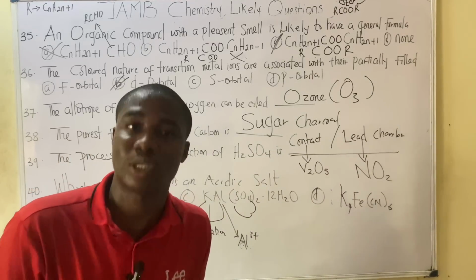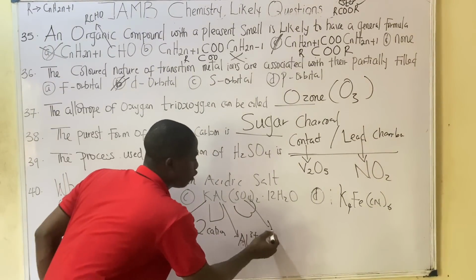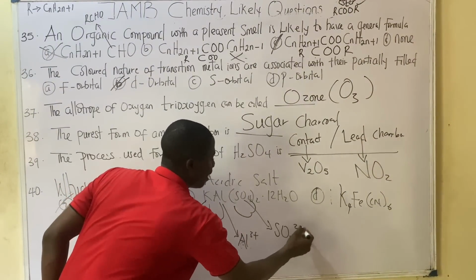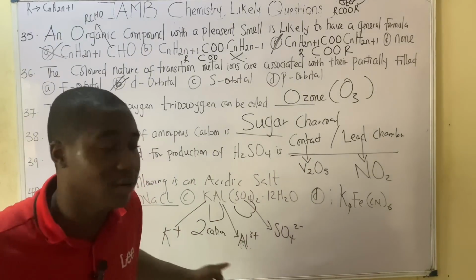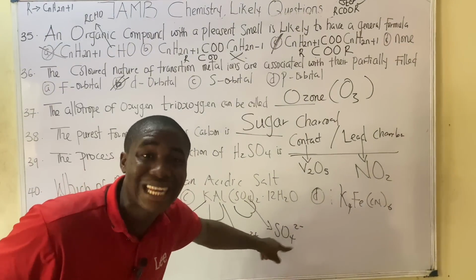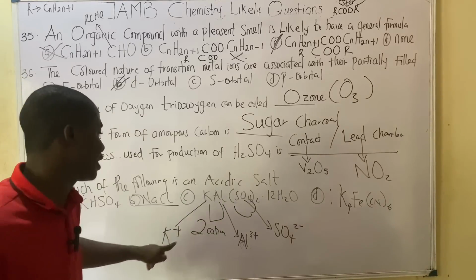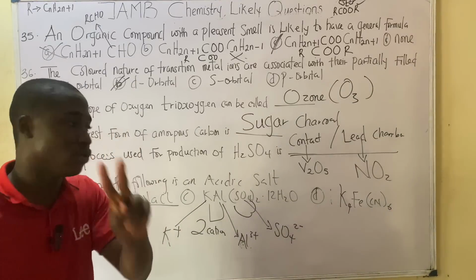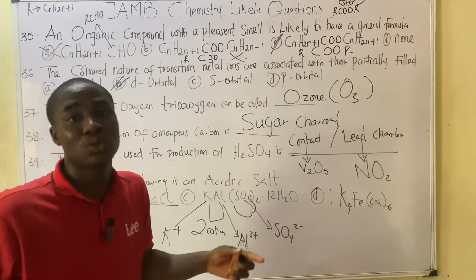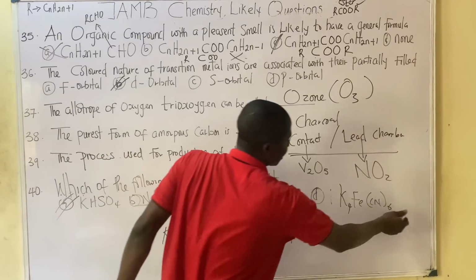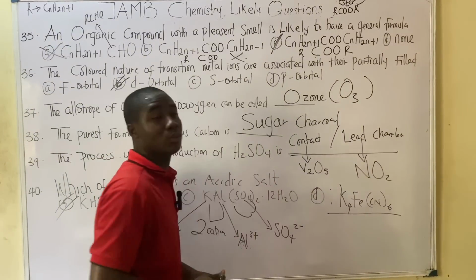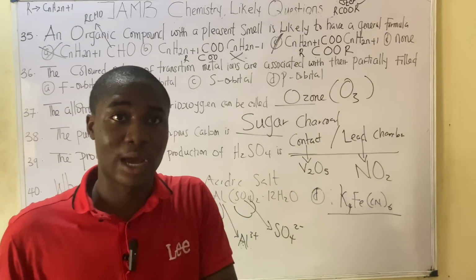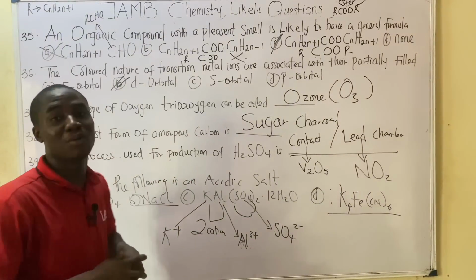Cations are metals, positively charged. Whereby this is the anion forming a radical, which is SO4 2-. Anions are negatively charged. So double salts are salts that ionize to form 2 cations and 1 anion. And another way to know them, they have water of crystallization. This is actually a complex salt. This salt is called potassium hexacyanoferrate. So the answer to this question becomes option A.